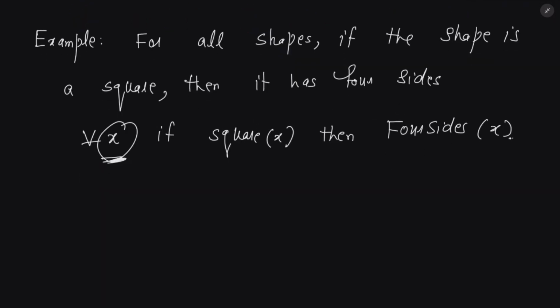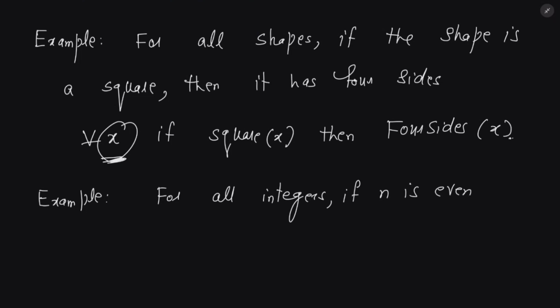The last example: for all integers, if n is even, then n square is even as well. This is an interesting example.